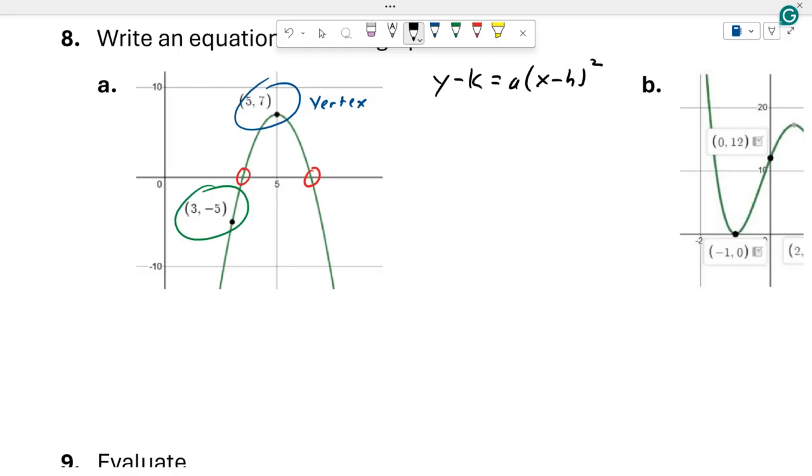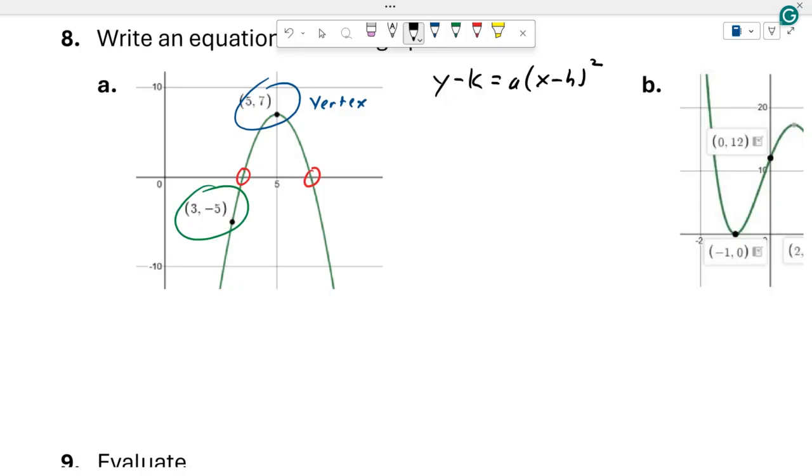This is the vertex form of a quadratic function. Sometimes the k is moved to the right, where it would be y equals a parentheses x minus h squared plus k at the end. They're the same thing, they just look different. That form is useful if you want to get y equals and you want to graph it. But I'm going to use the standard form of vertex form, which is this.